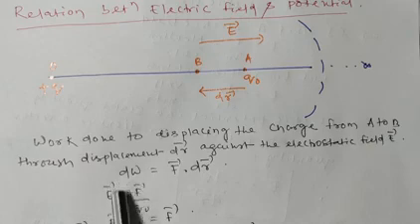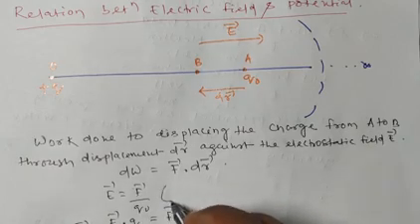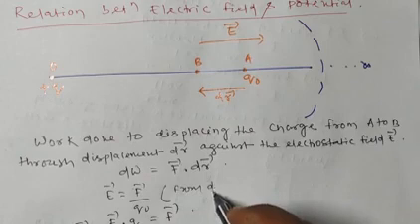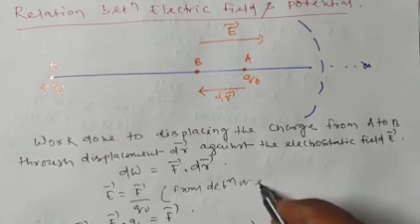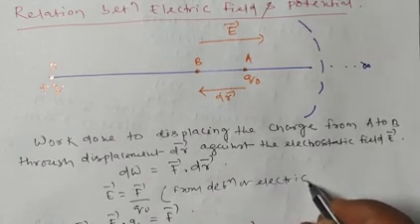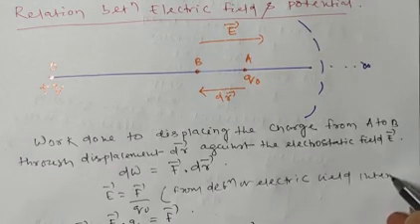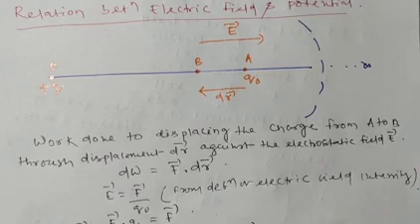As we know, E vector equal to F vector by Q, we know this from the definition of electric field intensity.